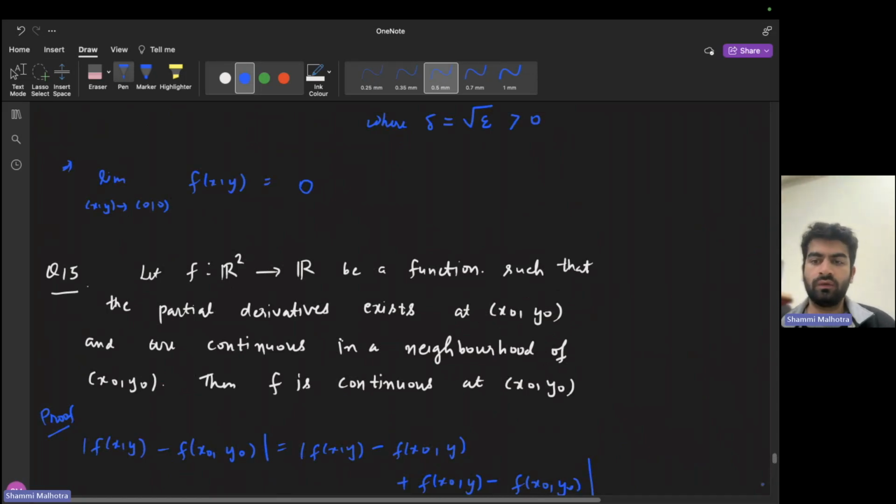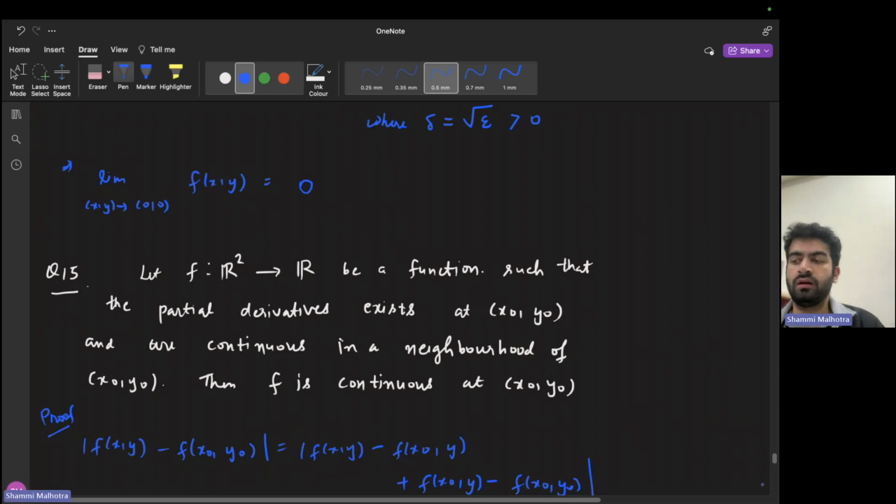So till now we have seen that if I consider a continuous function, it may not imply that the partial derivative will exist, and also if the partial derivative exists, this will again not imply that the function is continuous.